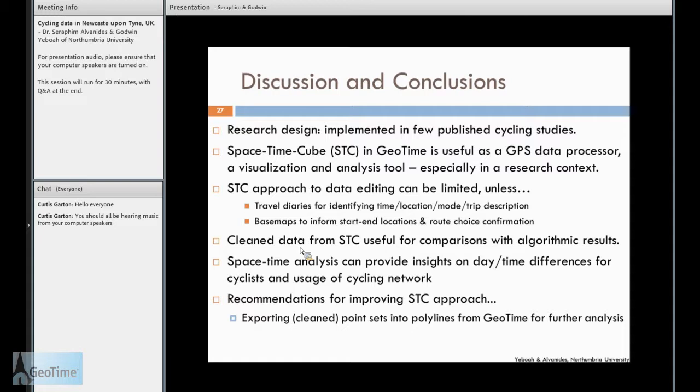So one idea that could help, one recommendation for improving this space-time cube approach in terms of cycling and better connection with the GIS is to be able to export the cleaned point data set into polylines from GeoTime, for example, for further analysis.